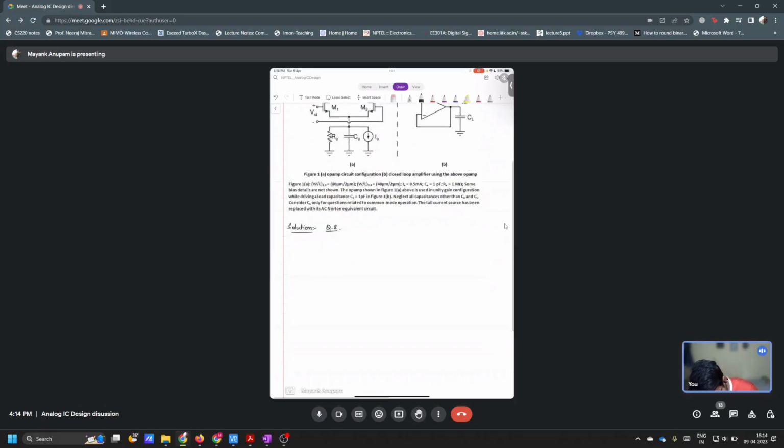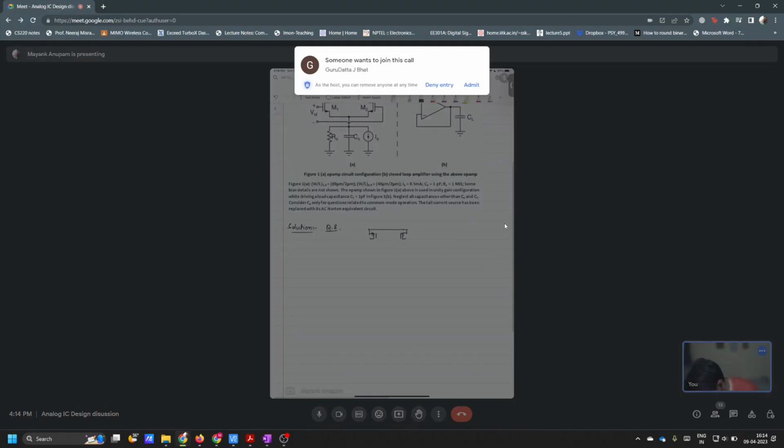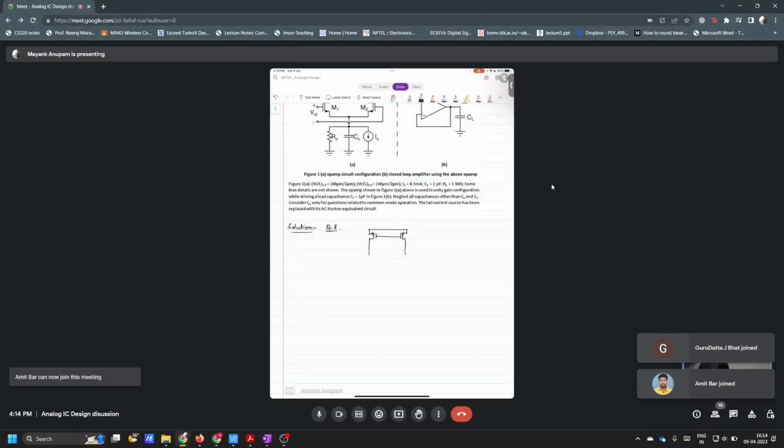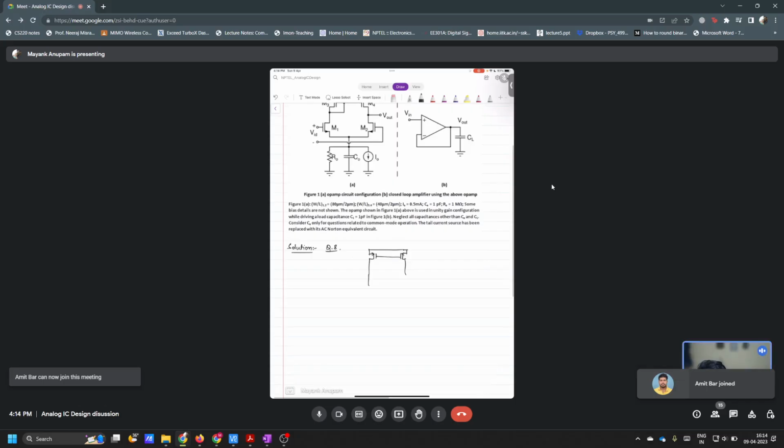You have this MOS op amp, and this is the input, and you have this tail current source here.